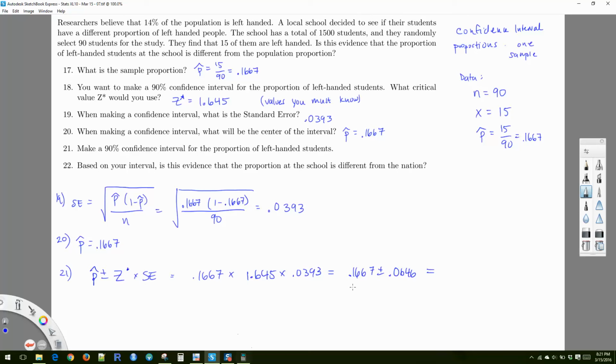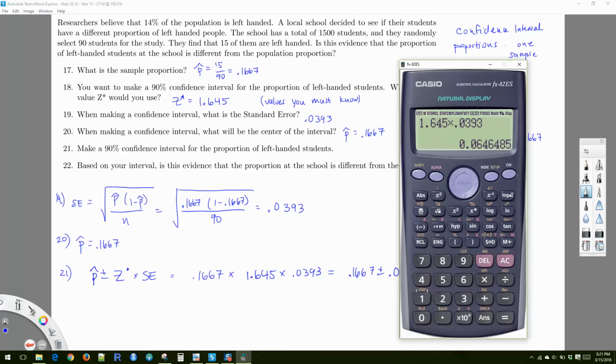Okay, so on the high and on the low, 0.2313.